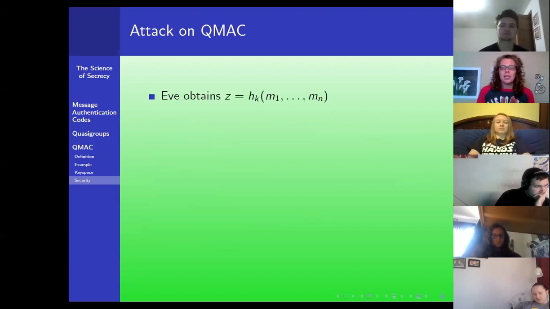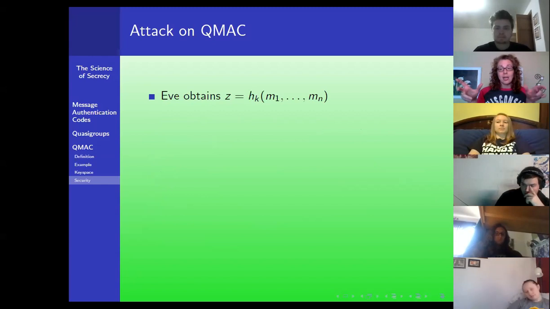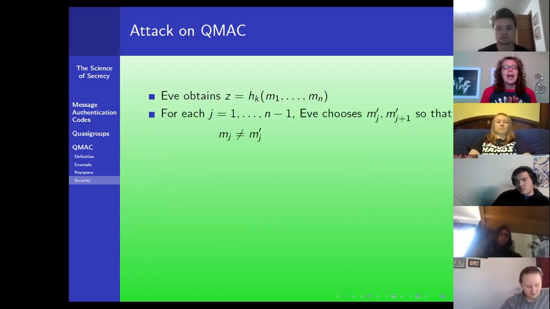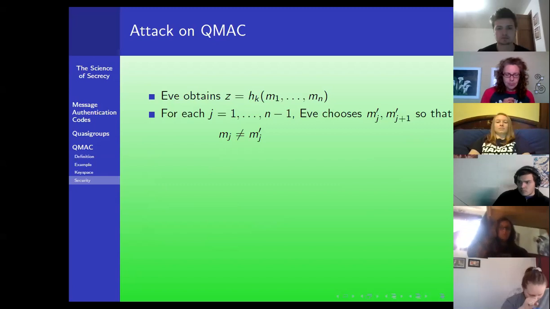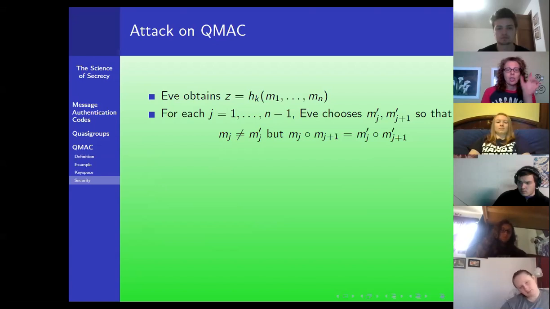So here's the idea, the attack that this inserted secret element guards against. Let's assume that Eve gets a message and an authentication tag. I'm calling the authentication tag Z, right? So this is what we're assuming when we're talking about attacks against this. And then what Eve is going to do is look at pairs of elements that circle to the same thing. They multiply out to the same thing. So we've got different pairs of elements, but the result of the multiplication in the quasi-group is the same.